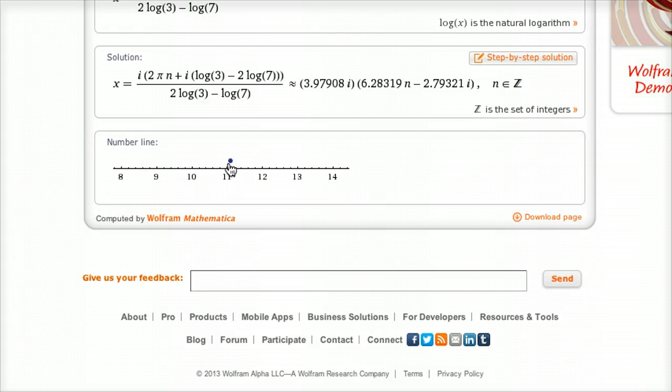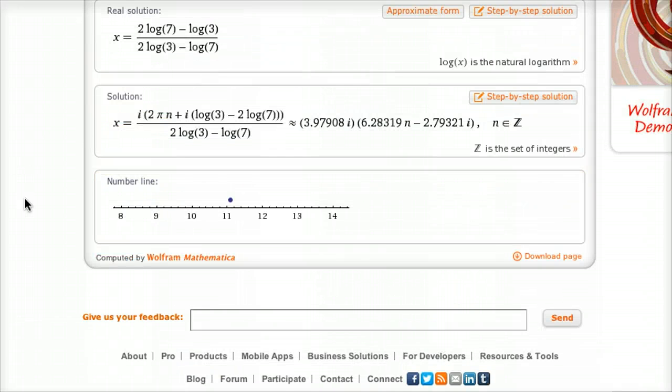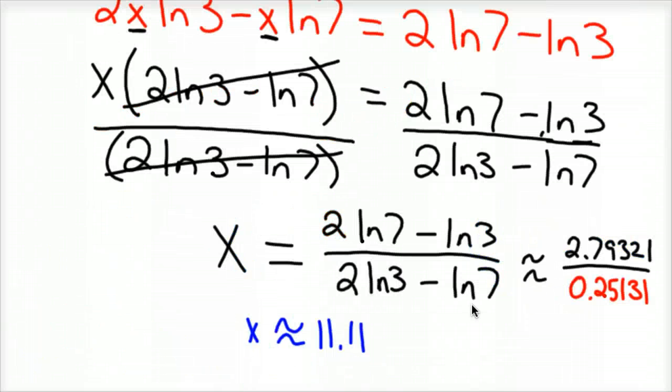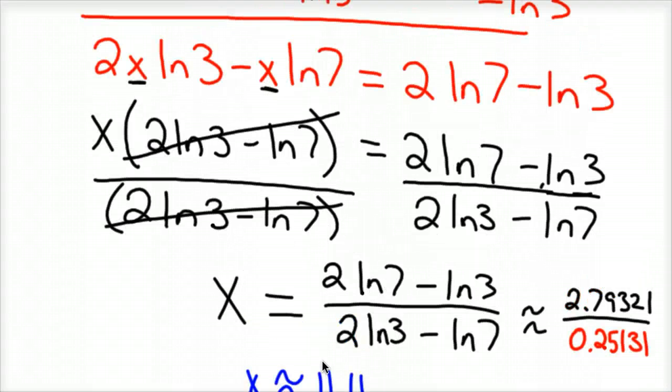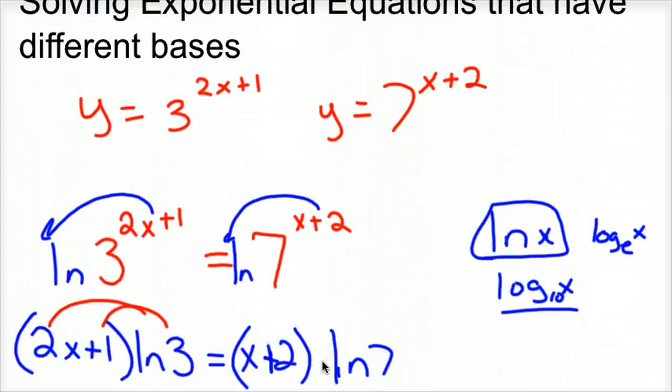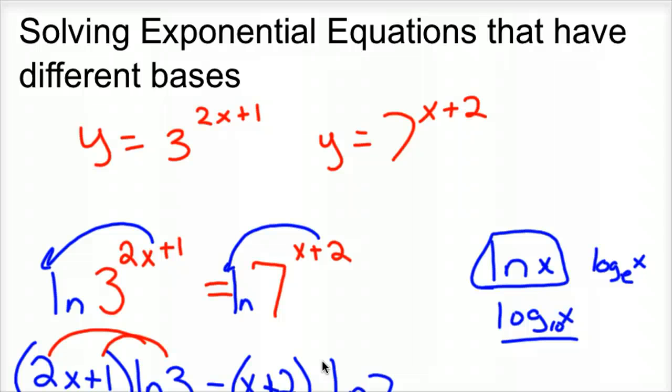The last thing you could check is to put that 11 point whatever in there. We ended up with 11.11, or 11.1. You could go back to the original, plug in 11.1 to both of those, and see just how close you get. That is how you can check your answer.